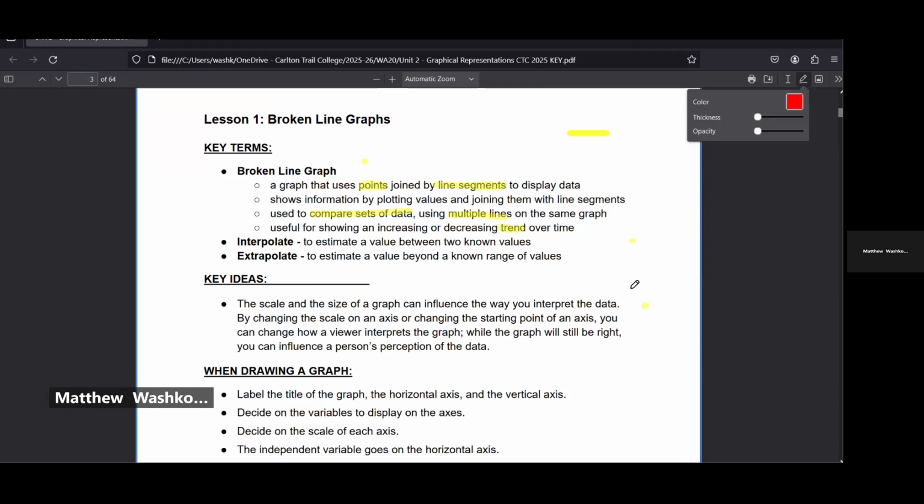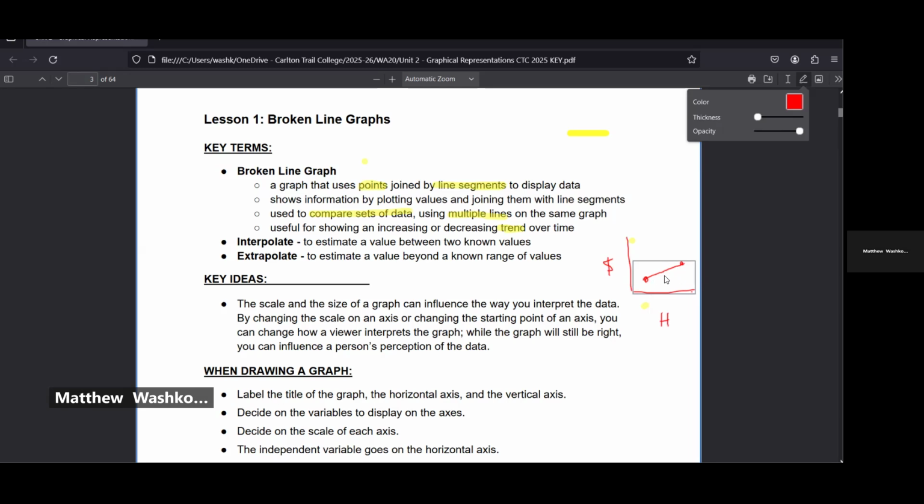So, for example, if I ask you to interpolate, let's imagine I give you this chart here. Here's a point, here's a point, here's my chart, and I'm like, hey, if this is how much money you made, and this is how many hours you worked, how much money did you make if you worked this many hours?